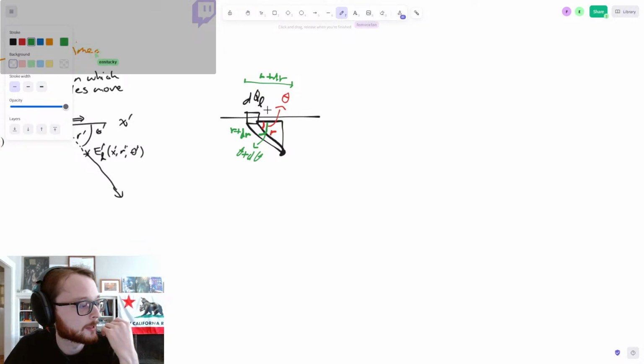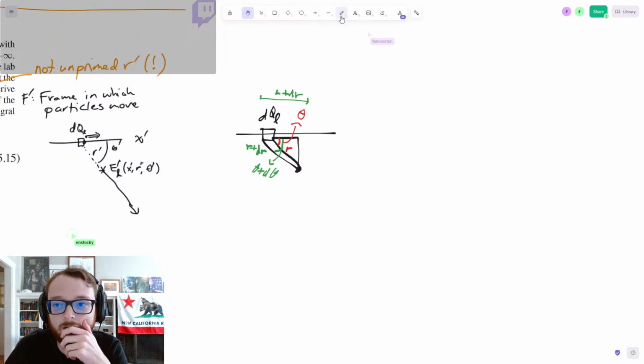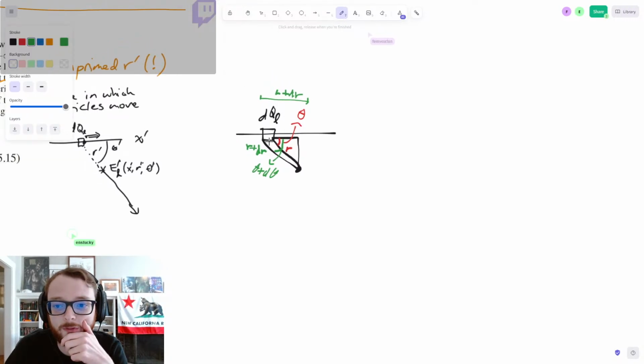How should we call the bottom? Or I guess it's the top. So I want the length of this little bit of charge. That's what I'm trying to do with all this trig. I don't want to call it x.